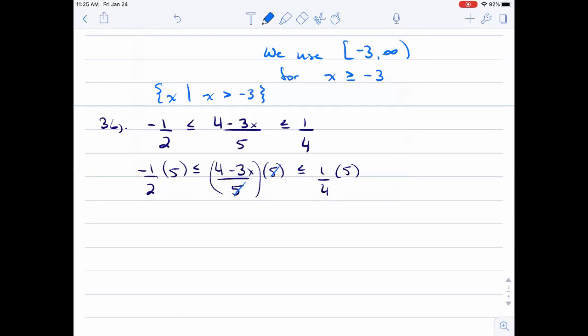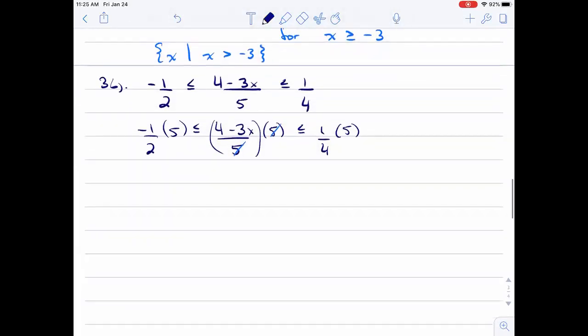The 5s cancel. So we can rewrite this as negative 5 over 2 is less than or equal to 4 minus 3x, which is less than or equal to 5 over 4. Next thing I want to do is shake out my x, but first I have to subtract 4 from every part of this interval.